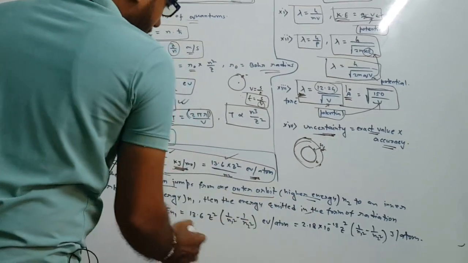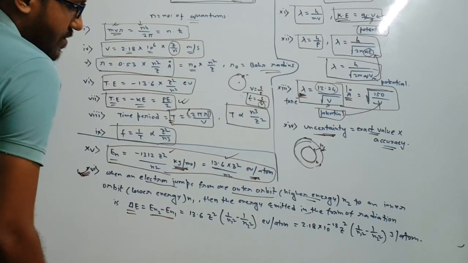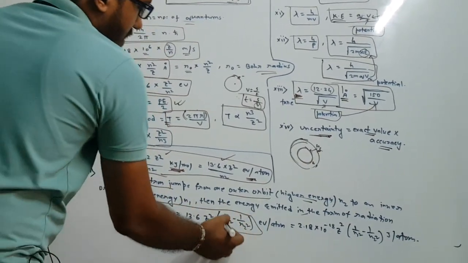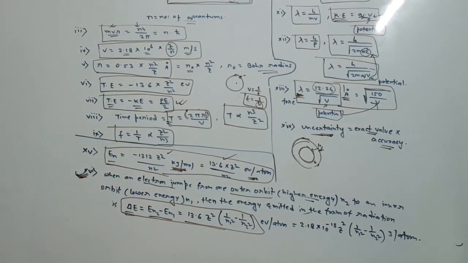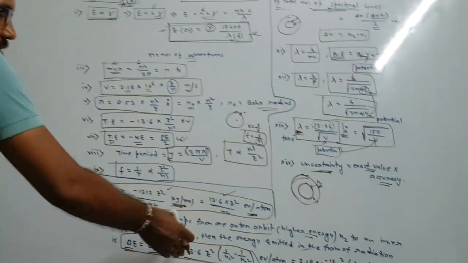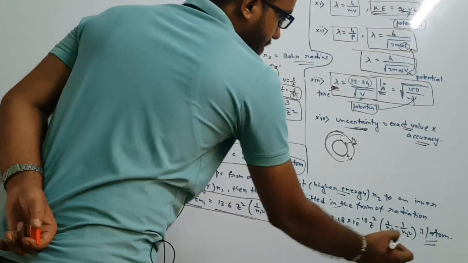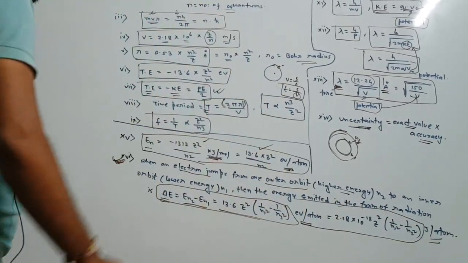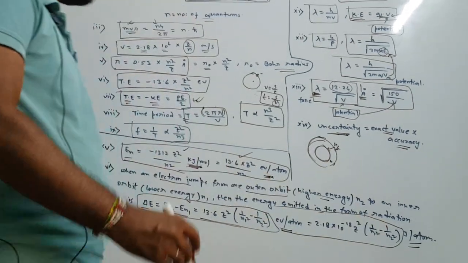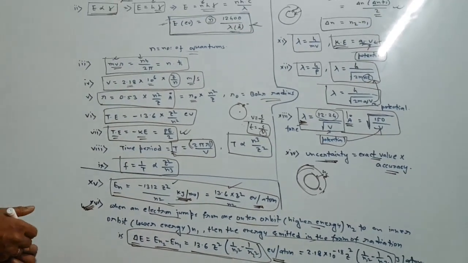Then the energy difference would be En2 minus En1, which would be 13.6 into Z square into 1 by n1 square minus 1 by n2 square, in electron volt per atom. If you want joule per atom, then you have to use 2.18 into 10 to the power minus 18 Z square into 1 by n1 square minus 1 by n2 square. These formulas are extremely important, kindly remember this.